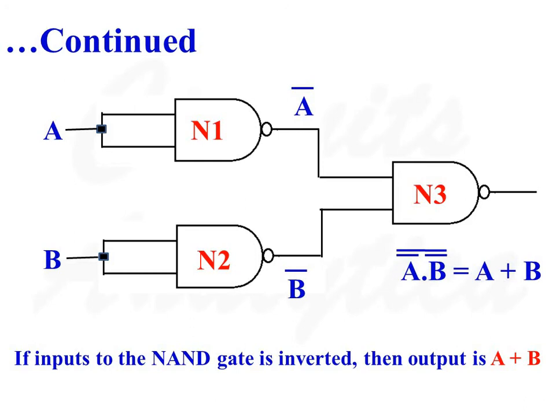So the output of the third NAND gate N3 is equal to A bar and B bar the whole bar, that is equal to A double bar or B double bar. That means at the output of NAND gate N3 we will get the operation A or B. So this means that we can realize an OR operation using 3 NAND gates.